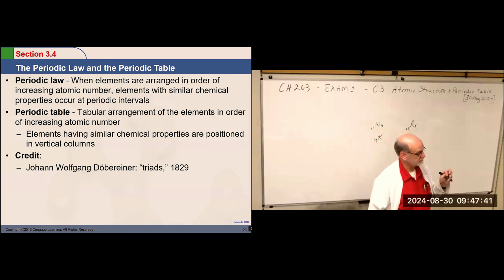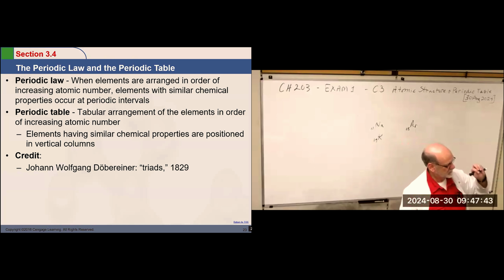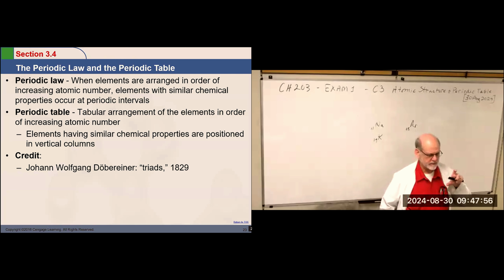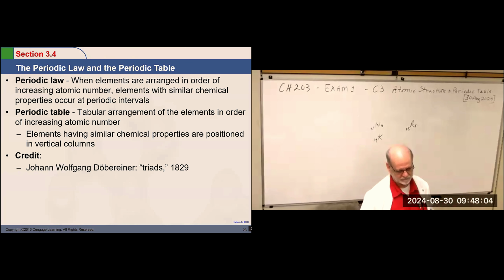He noticed that there were 3 elements, and we didn't know all the elements. At that time, we knew maybe roughly 60 elements. He noticed 3 element groups where they had similar characteristics. And he called them triads. That's as far as he took it.